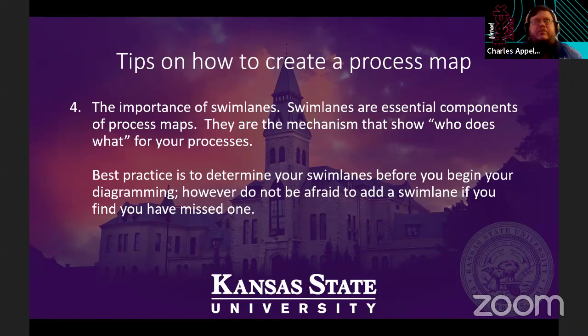If you find that you have a need for a swim lane for a part of your process that's missing, and you ignore it, then you're not doing yourself any service because your map will be incomplete and of less value. But again, best practice: take a few minutes up top, think about who all might be involved in your process, get those lanes out, and then begin the actual diagramming process.